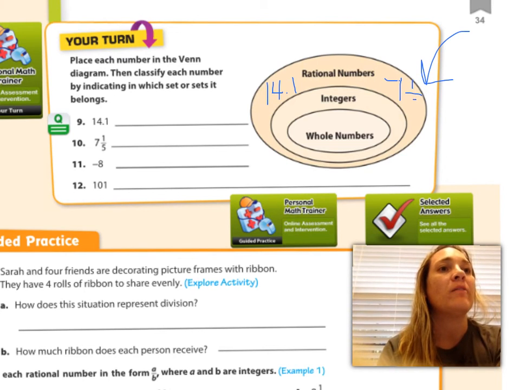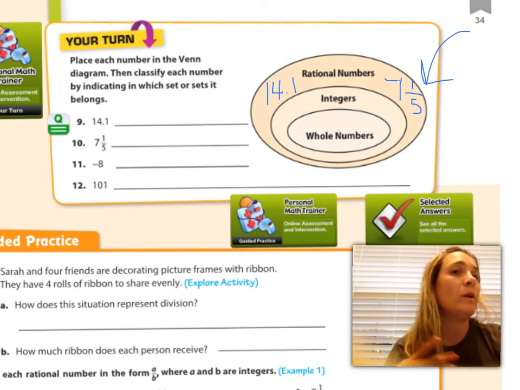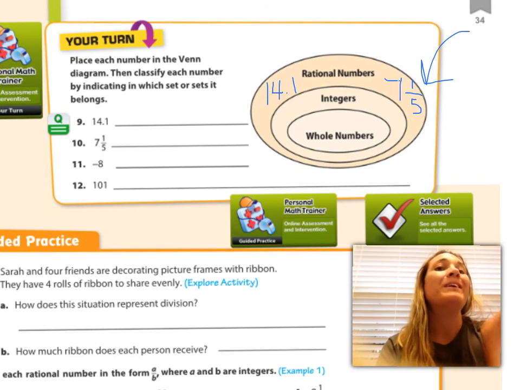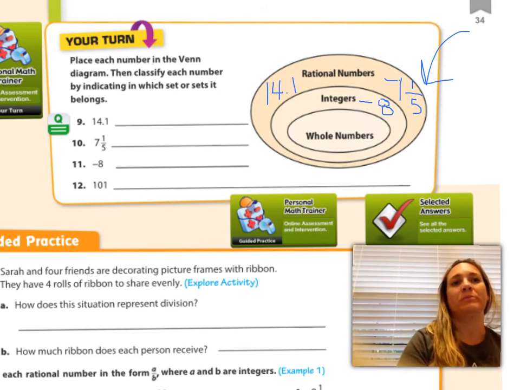And then -8. It's not a whole number because whole numbers begin with the whole, 0. So it's like a whole number but a negative, so it's going to be classified as an integer. Okay? And that would also make it a rational number.